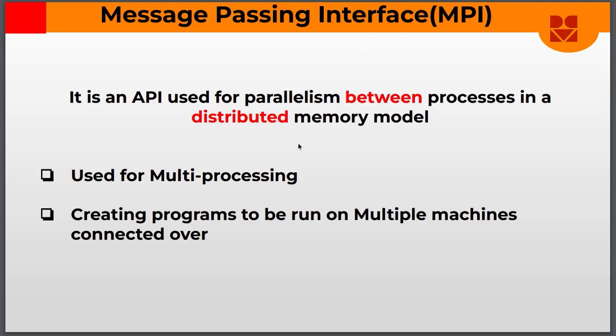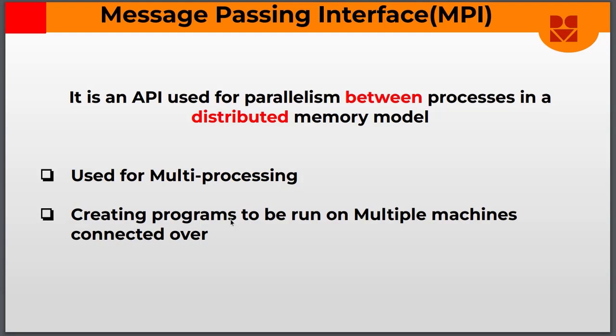It is used for multiprocessing, bear in mind, and it is also used to create programs that run on multiple machines connected over a network. So basically that's the MPI.